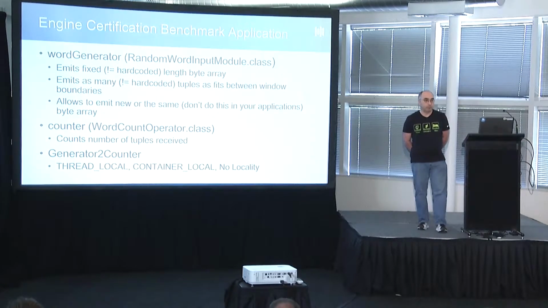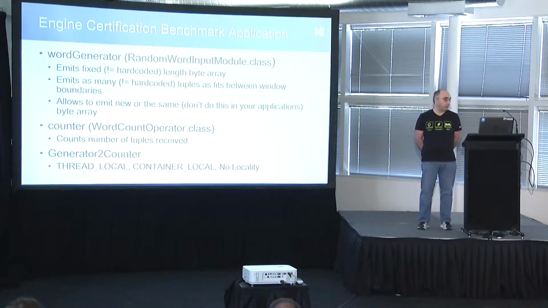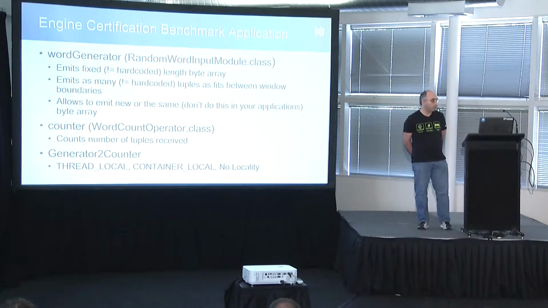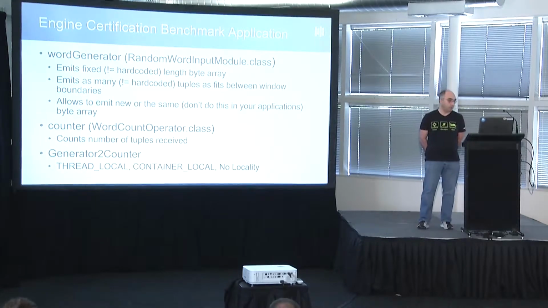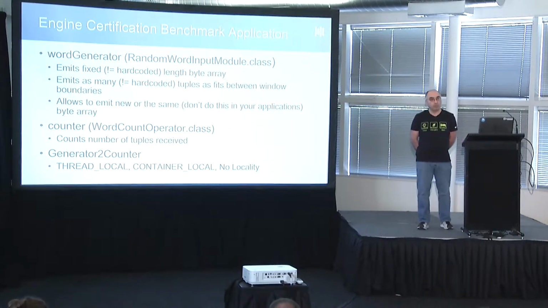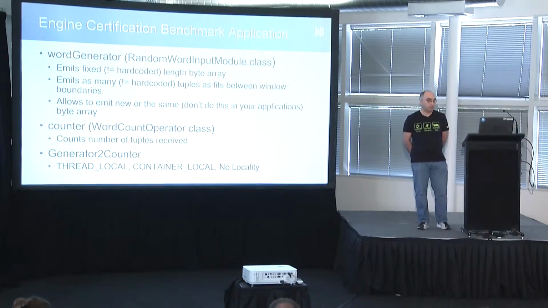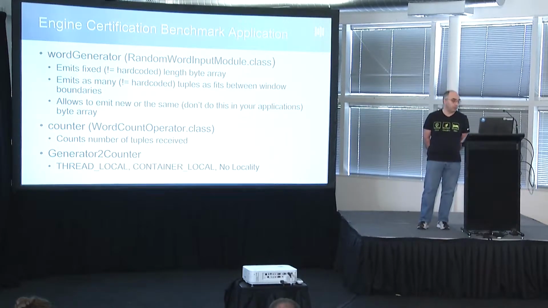And we can specify various stream localities to be used within an application. So we can basically compare how various stream localities impact throughput and latency.